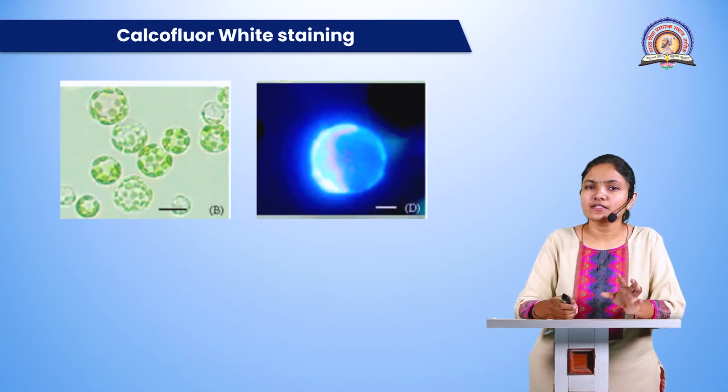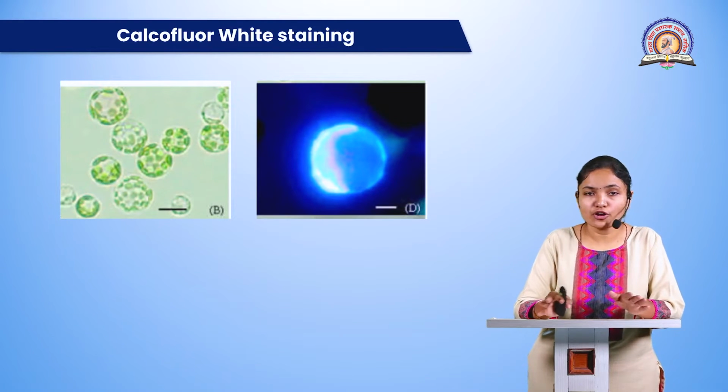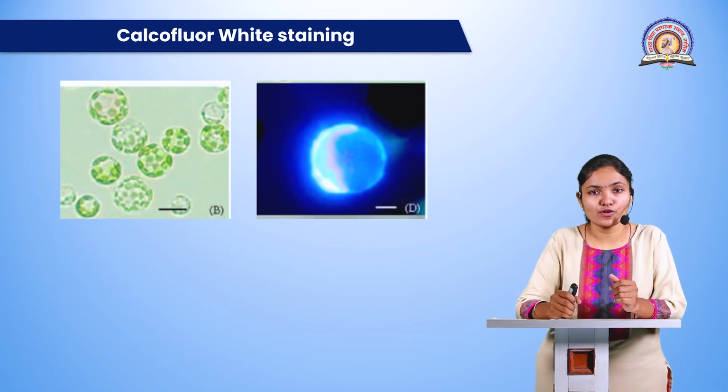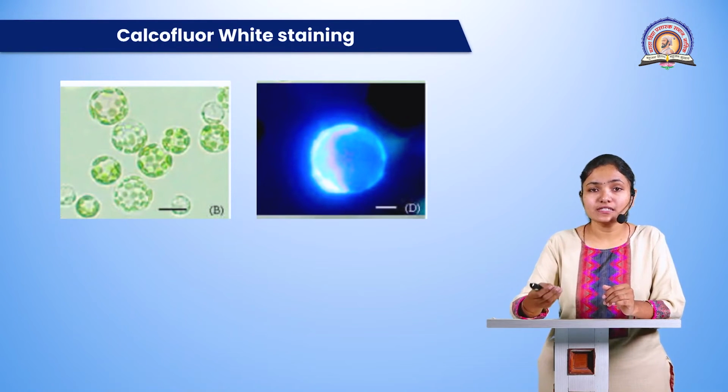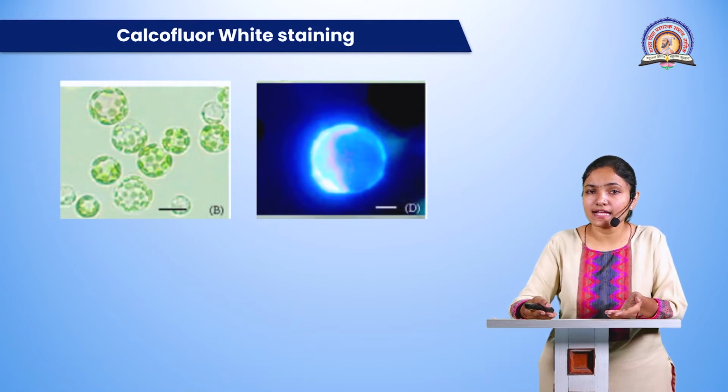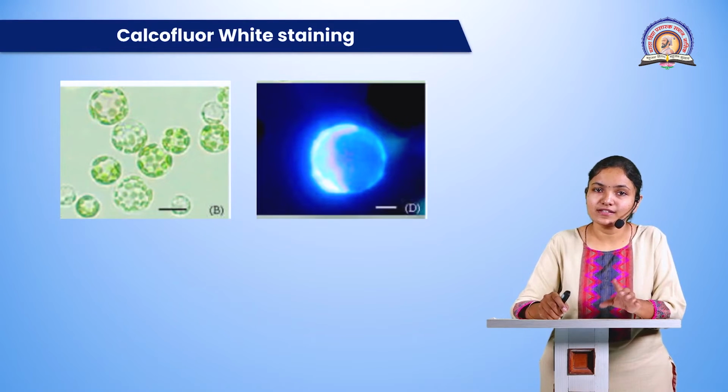We have said that protoplasts are devoid of cell wall, so protoplasts do not possess a cell wall. But that doesn't mean that they can never synthesize the cell wall. After isolation of protoplast, after a certain time, they will start synthesizing the cell wall again, and we are here to monitor the same thing.